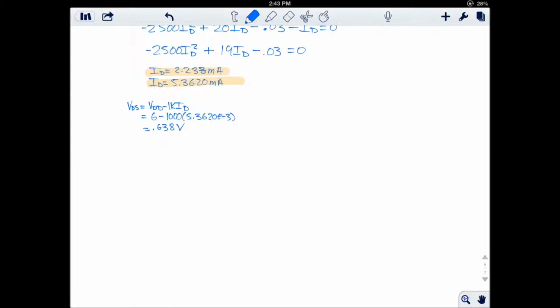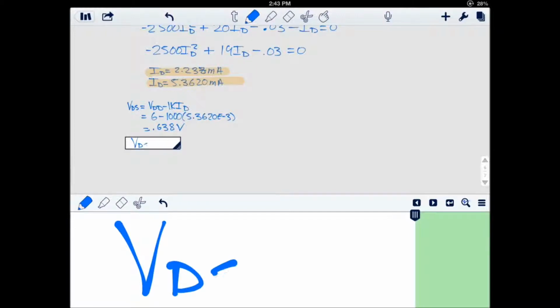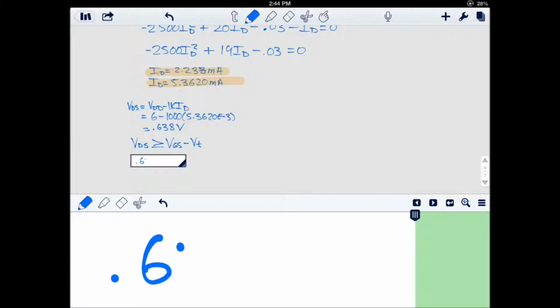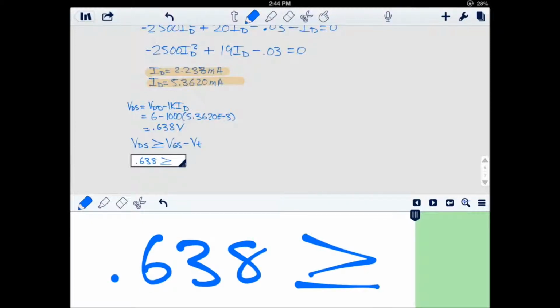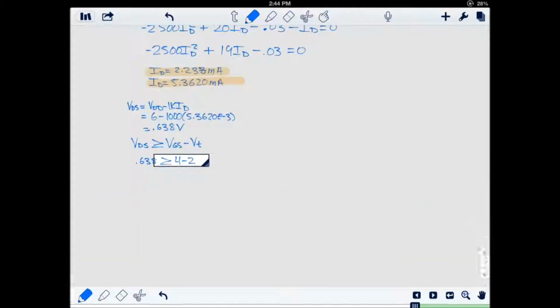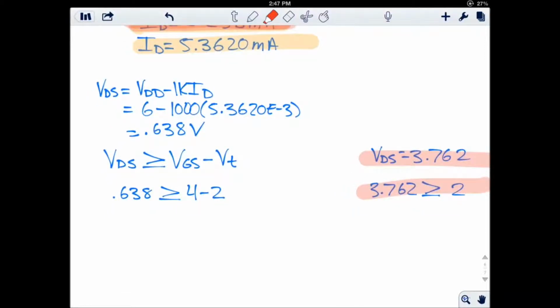Now the equation we have to check is whether VDS is greater than VGS minus VT: 0.638, is it greater than 4 minus... wait a second. Okay, I wrote this equation incorrectly.